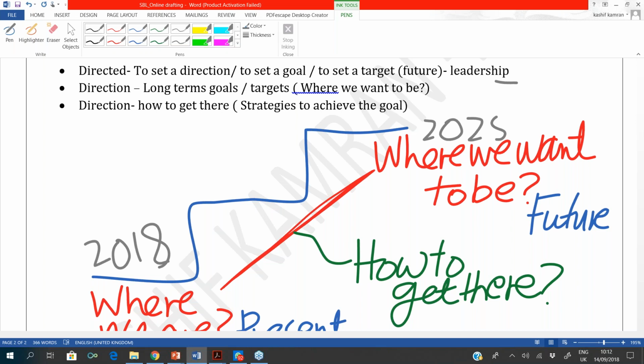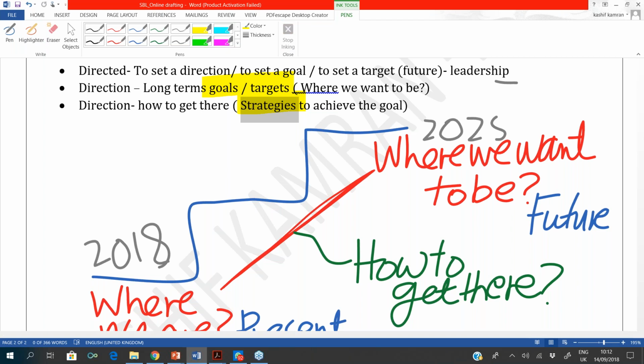Now, see, both of them are important. Your strategies are important, your goals are important. Both of them are important, right? So, it is very, very important for the leadership to make goals and strategies. Because if you only set the goal but you don't have a realistic strategy, you will suffer.